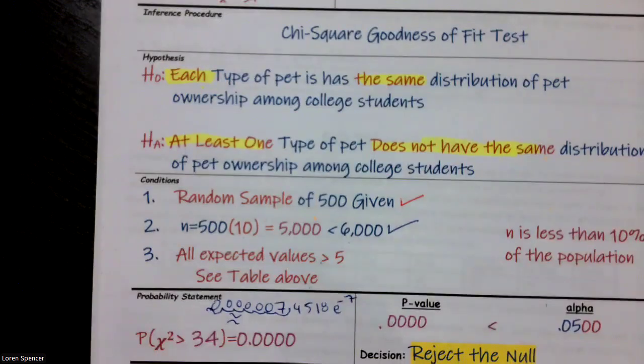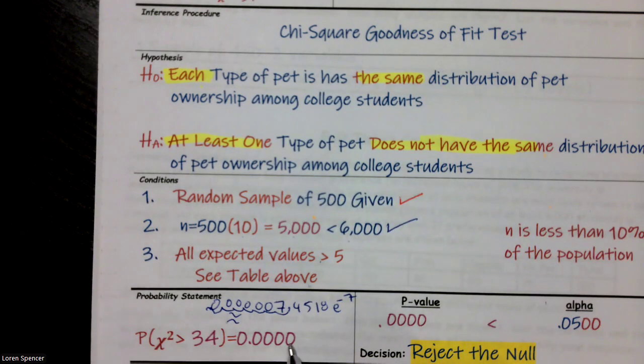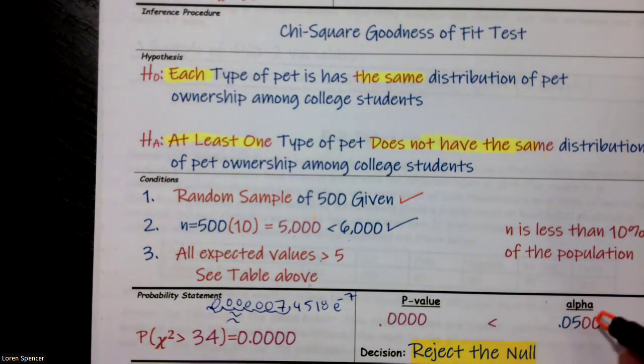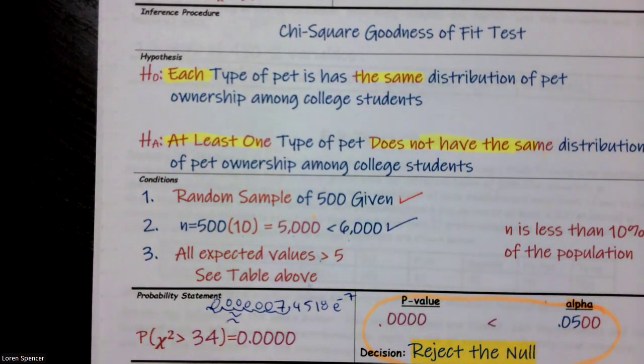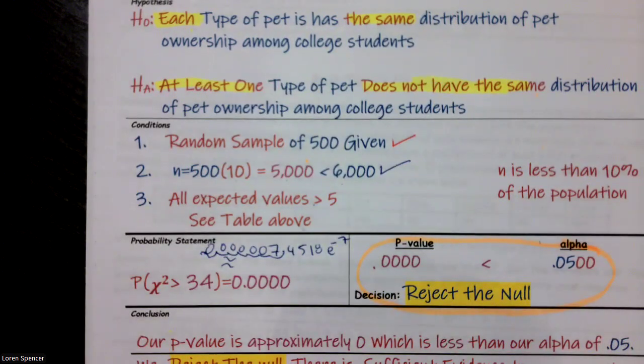As soon as we get to 4, we say it's 0. 0 is definitely less than our alpha 0.05, so our decision is to reject the null. As I said over and over again, it is from this box that we start off our conclusion. Because our p-value is approximately 0, which is less than our alpha 0.05, we reject the null.